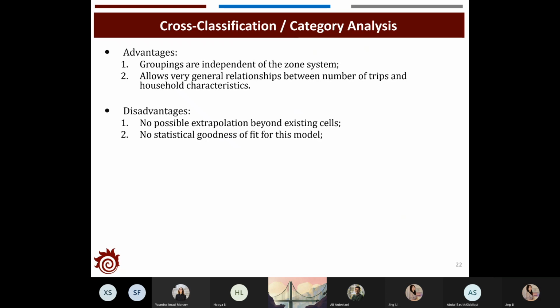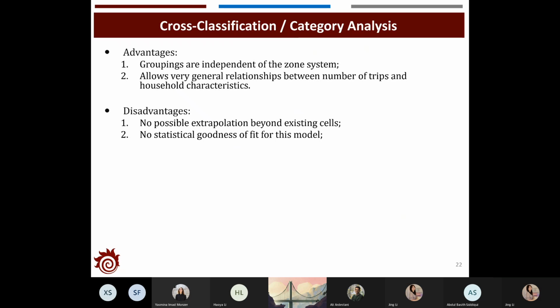And the other thing is that there isn't any statistical goodness of fit for this model. We cannot verify whether this model is statistically significant, or whether, if we apply this model to other zones, it's reasonable and accurate.